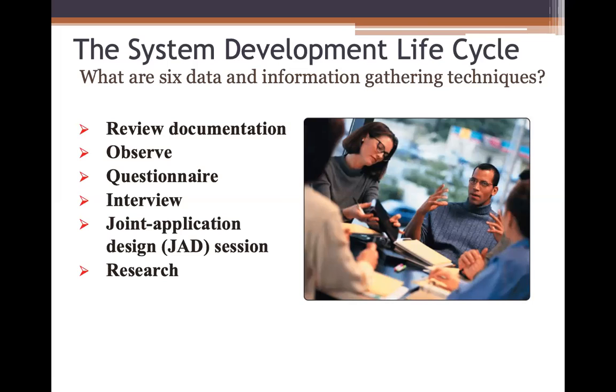So a good system development life cycle is not only a life cycle that consists of the birth and then the growth and then the adult phase, the old phase, and then dies. A good system development life cycle also should include this kind of procedures, because systems are measured according to the usability of the system. And to measure the usability, we can use review documentation, questionnaire, interview, these kind of things written here.